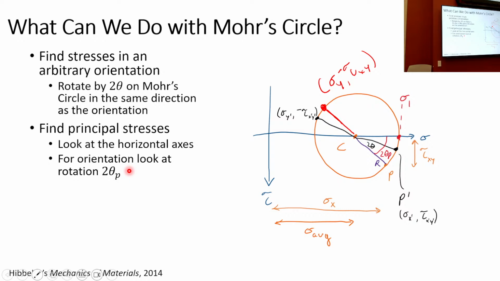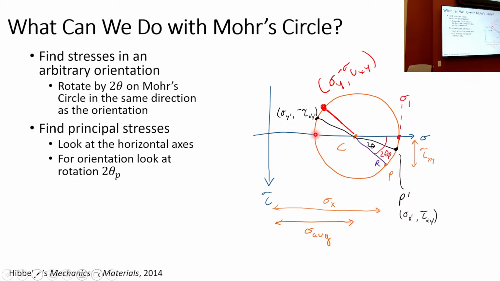Shear is 0. When is shear 0 here on Mohr's circle? Yeah, on the sigma axis, right? So guess what? If I'm interested in finding the principal stresses, all I've got to do is move to this location and that location.